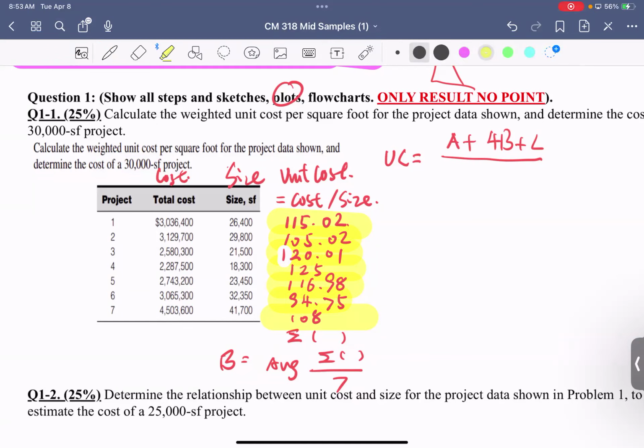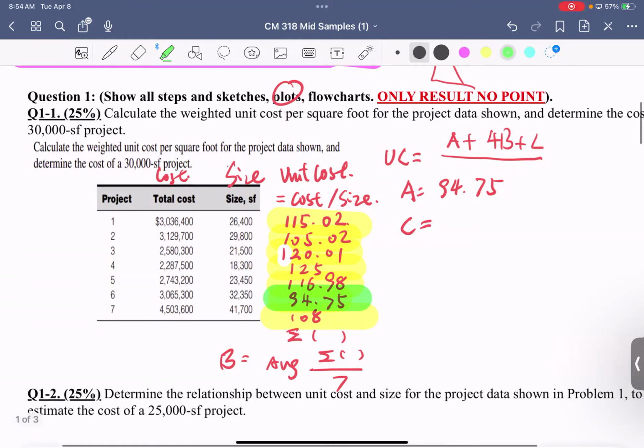Now we can determine which is A. So A is equal to the smallest one, 94.75. And C is equal to the largest one, right?